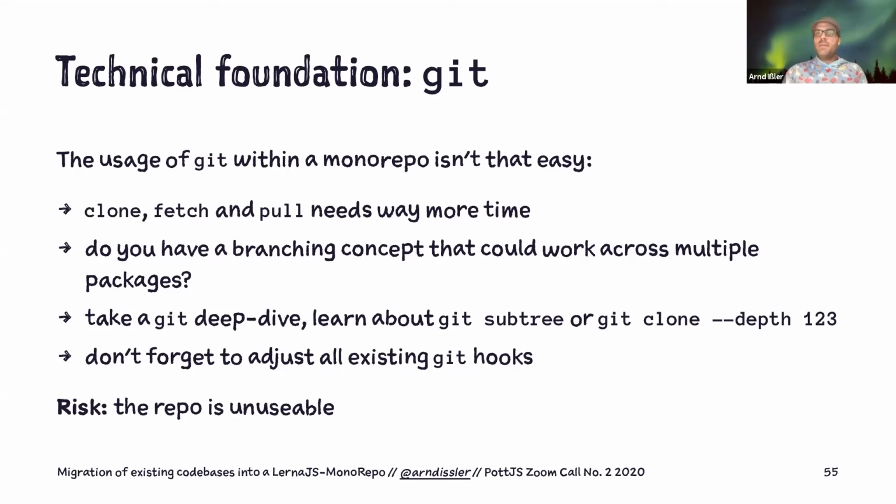And maybe you need a deep dive to learn how all the things are working, and maybe you don't need a MonoRepo. Maybe you want to use Git subtree, or maybe you want to check out only the last 123 commits or so. So this is a Git clone depth, and then you don't check out 60,000 commits in full.